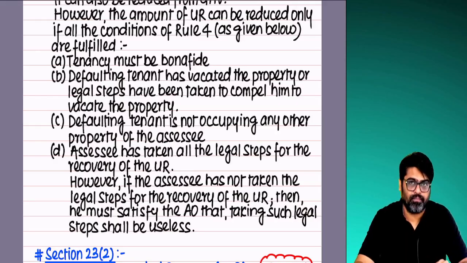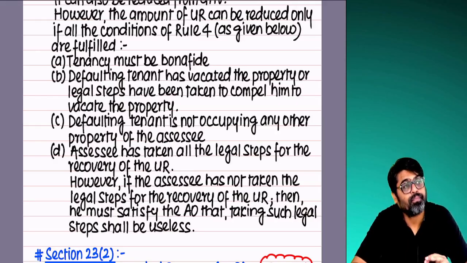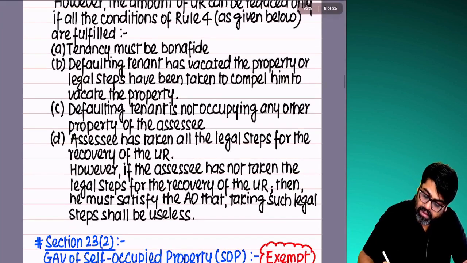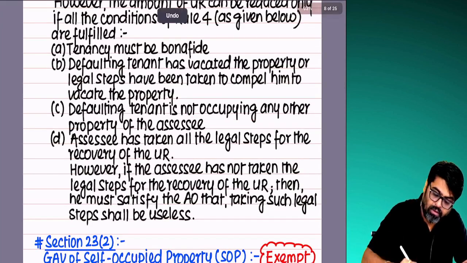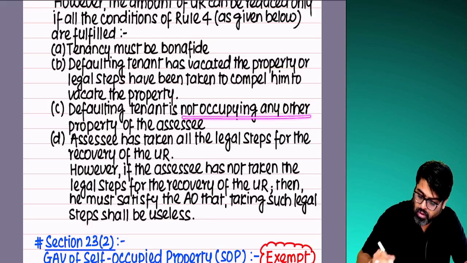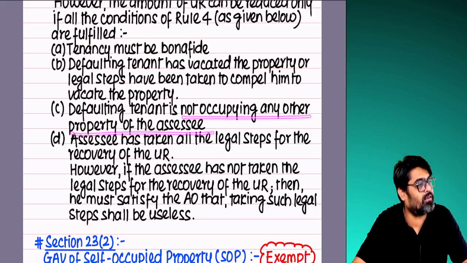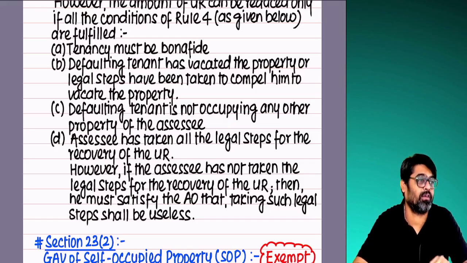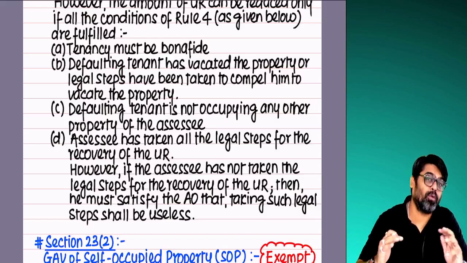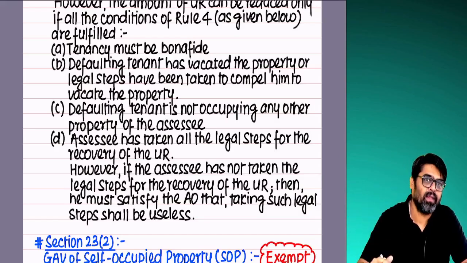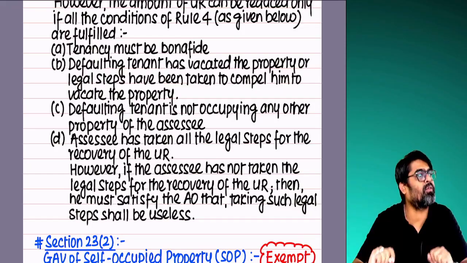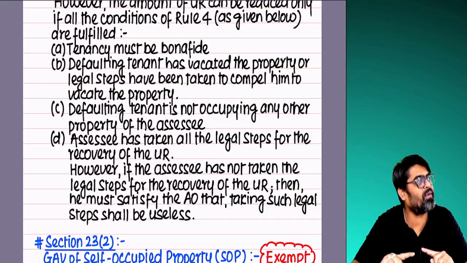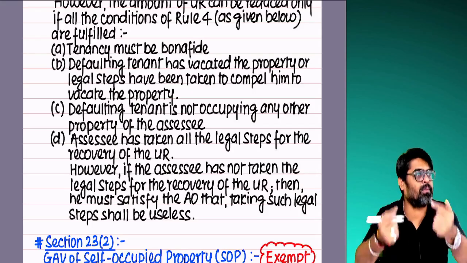Third condition is that the defaulting tenant is not occupying any other property of the assessee. Because what is the guarantee that he is going to pay rent for that property also? If he has defaulted in the payment of rent for this property, he will definitely default in payment of rent for the other property also.